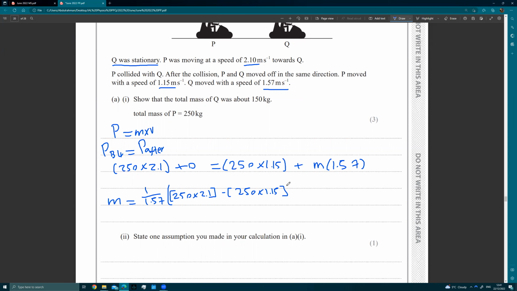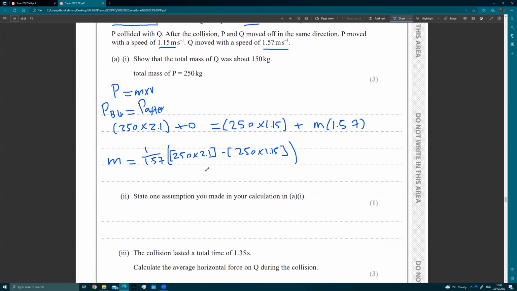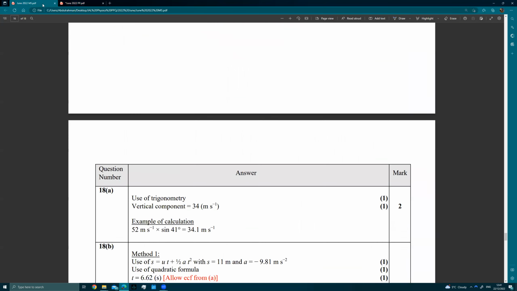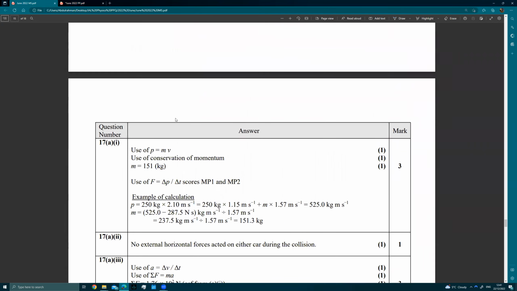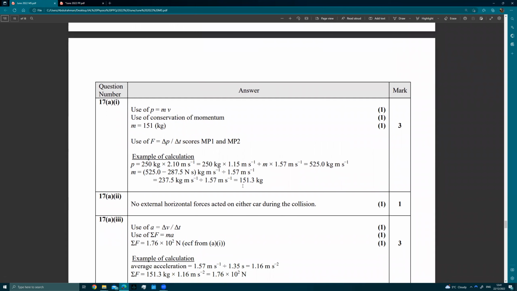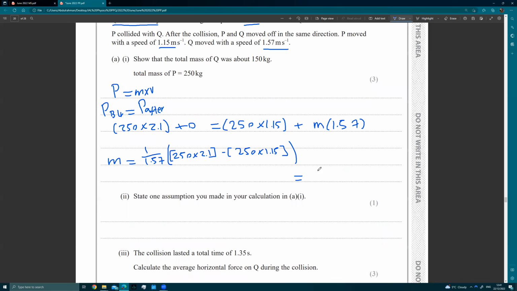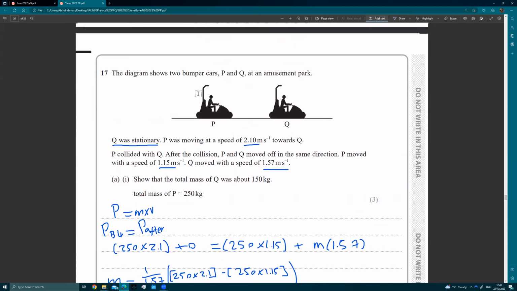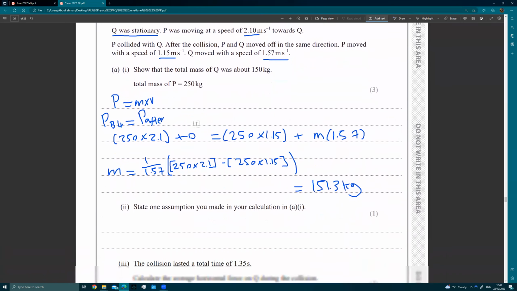I just did all of this in one step to save time in the video, but you could do it step by step. And if you do that, what you would get for the mass is 151.3 kilograms.